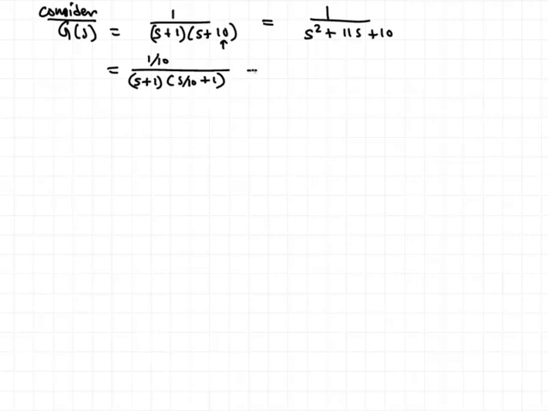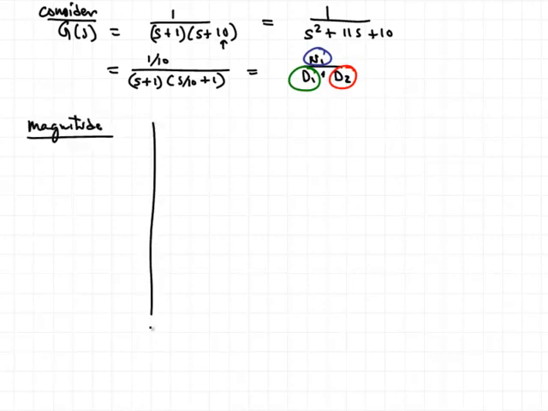I'm going to rewrite this as n1 over d1 times d2 term. Oops, did that backwards. And in fact, we will use different colors. We'll use blue here, we'll use green, and we will use red. And we're going to plot the magnitude first, okay? Let's put our axes down.